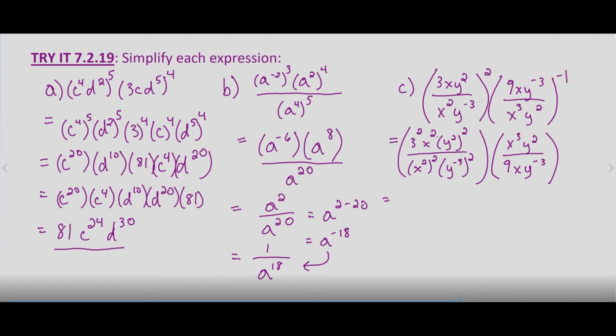That's going to be 9x squared y to the 4th, power to a power, so we multiply the exponents, over x squared squared is x to the 4th, y to the negative 3 squared is going to be y to the negative 6th. That's still times x cubed y squared over 9xy to the negative 3.